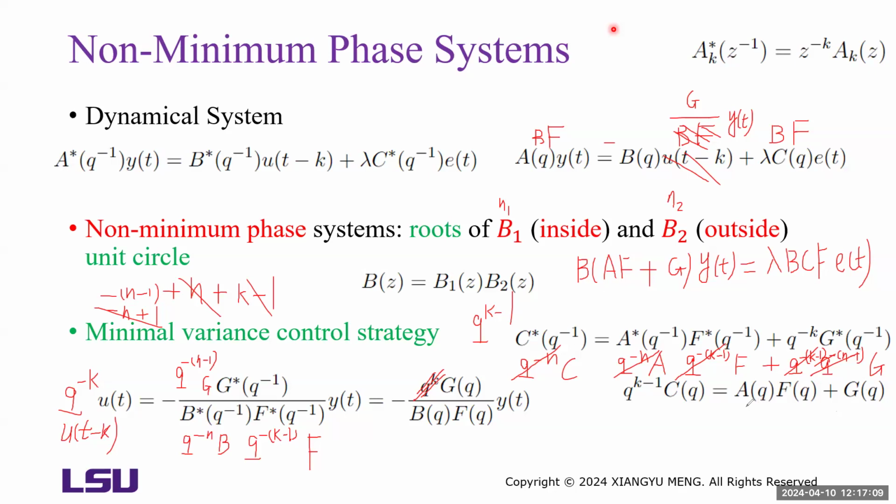Okay, then we introduce the AF plus G. We replace AF plus G with the k power, Q power k minus 1 C. Then we have the closed loop transfer function.